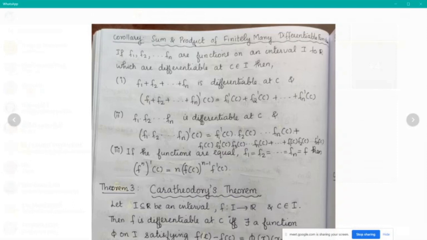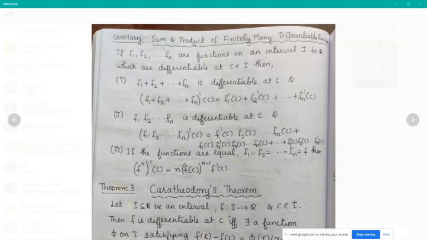Product rule: derivative of the product f1 into f2 into etc. into fn at c is first function derivative into all the other functions evaluated at the point c, plus second function derivative into all the other functions evaluated at that point, plus third function derivative into all the other functions at that point, plus etc., plus last function fn derivative into all the other functions evaluated at that point.